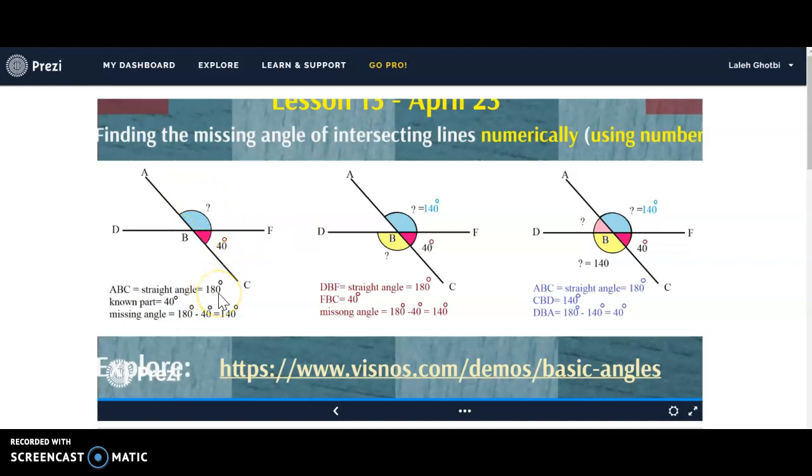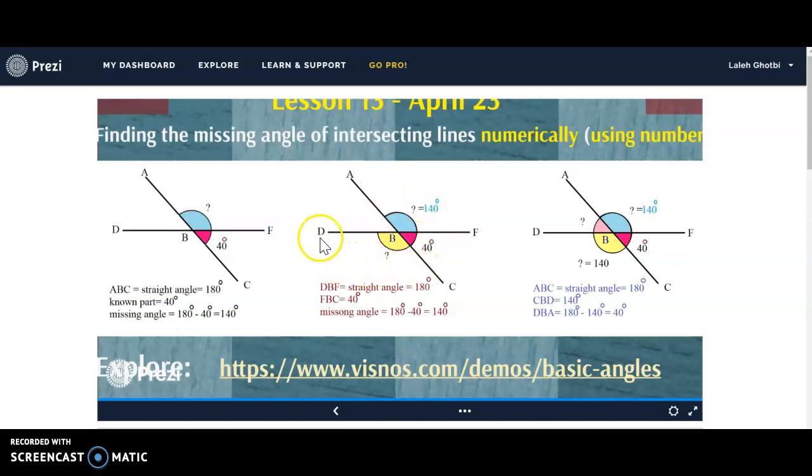The whole is 180 degrees, one part is 40 degrees, the missing part is 140 degrees. I'm moving to the next picture. I wrote down the value of this missing angle right here. So I know this is 40, this is 140, and it makes sense because this angle is a half circle, 180 degrees.